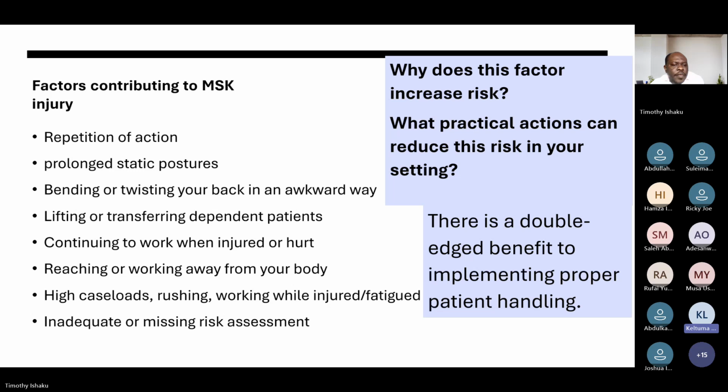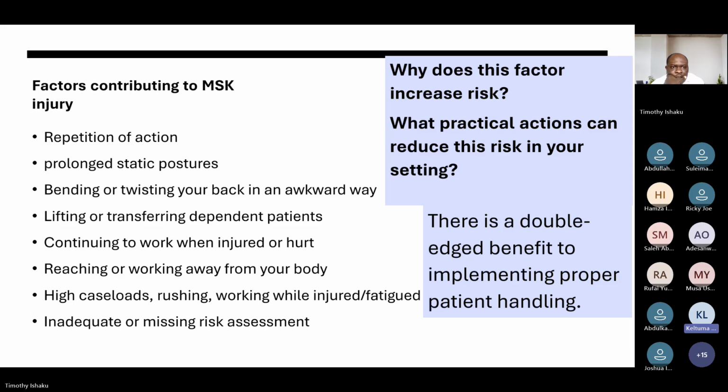It also depends on the weight of the patient being lifted. So it's not healthy because of the weight distribution as against the base of support of the therapist. We can mitigate that by using a hoist. There are machines that will aid in avoiding such injuries.